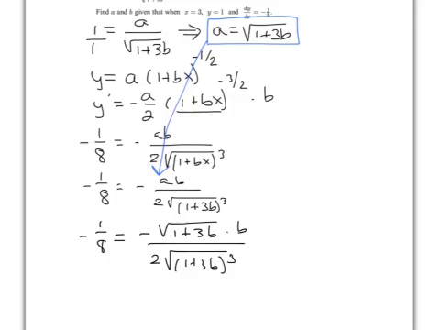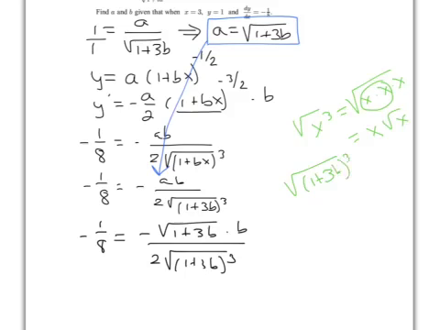Let's remind ourselves with a little bit of algebra. If you have square root of x to the cube, that's the same thing as x times x, which we can put these two things together, take it out of the roots, and say x root x. The same idea will apply in here if you have square root of 1 plus 3b raised to the third power. That's the same thing as 1 plus 3b, take it out, and then put square root of 1 plus 3b.